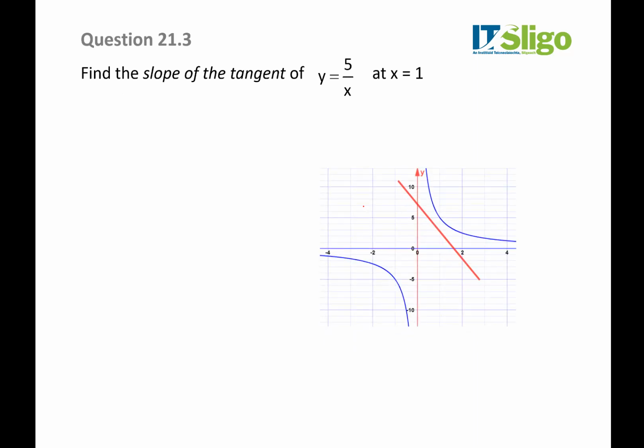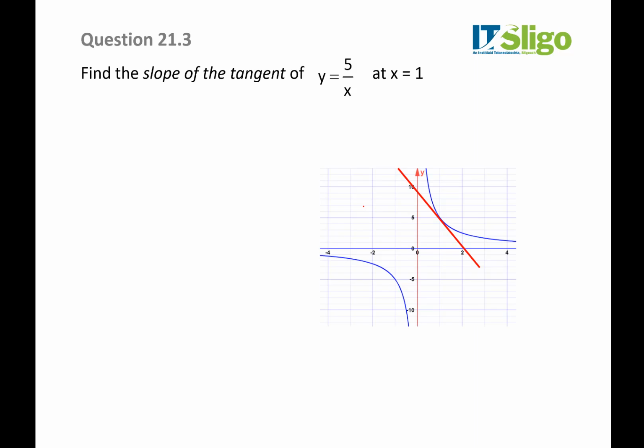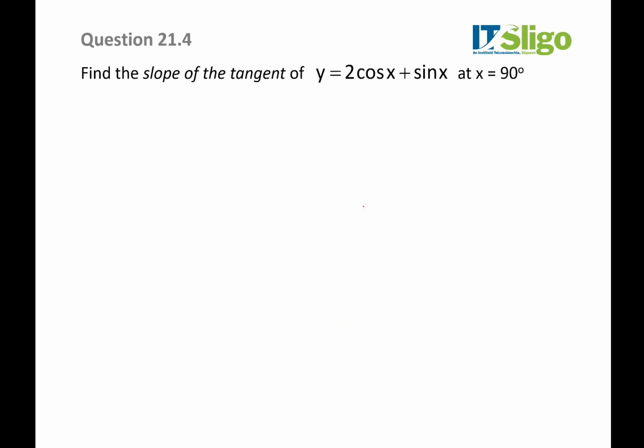So now just some questions for you to try, very similar. Find the slope of this tangent at x is equal to 1. So there's a visual representation of what we're looking at. The next question. Sorry, again, you'll have to pause each one. I'm going a bit quick. Find the slope of this tangent when x is equal to 90 degrees, because it's a trigonometric curve.